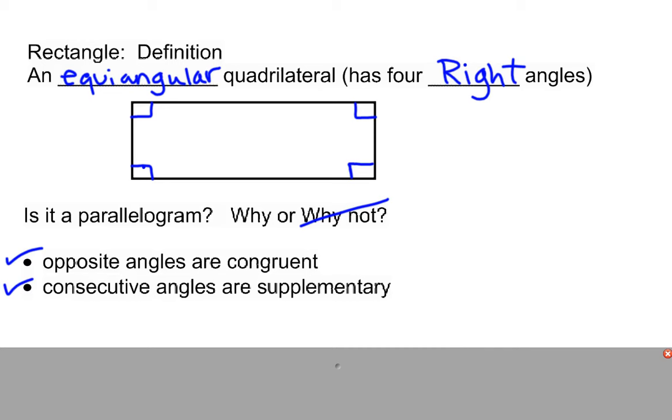That's how we know that a rectangle is a parallelogram. So other things we know about a rectangle because it is a parallelogram: opposite sides are congruent, and if we drew the diagonals, they would bisect each other.